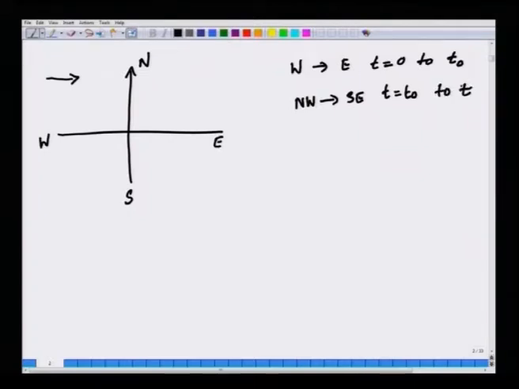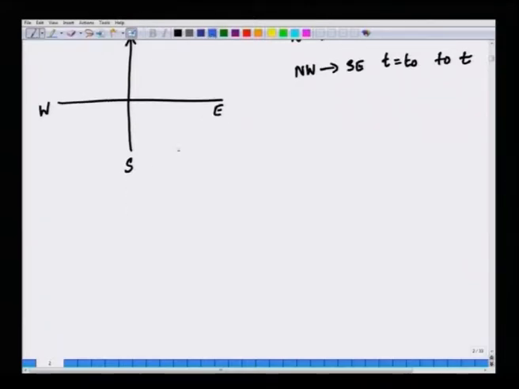So, this is an inherently unsteady flow, because you have the wind direction changing abruptly at some time t naught. First we are now going to visualize this flow by streamlines, which I will denote by blue, path lines I will denote by black, and streak lines I will denote by red.